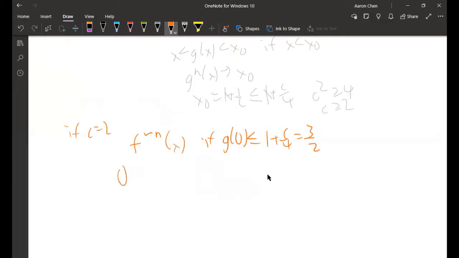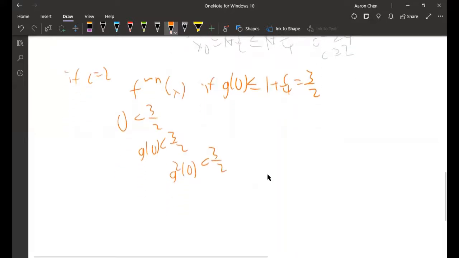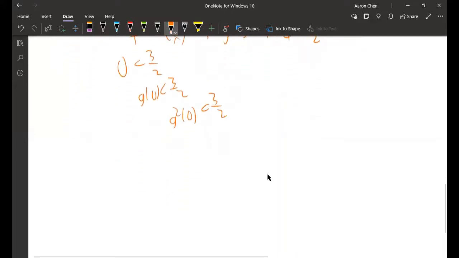Clearly 0 is less than 3 halves, so g of 0 is less than 3 halves, because g of 0 is simply just 0. Next, g squared of 0 is less than 3 halves as well. If we continue this onwards, we have that g to the n of 0 is less than g to the n plus 1 of 0, and this is still less than 3 halves for all n.